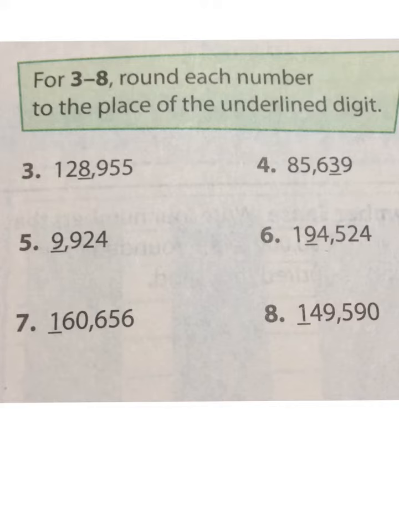Number 3. We are going to round 128,955 to the nearest thousands place because that is the digit that is underlined. Look to your right. Since the digit to the right is a 9, and it is greater than 5, then our underlined digit is going to go up by 1, and our 8 is going to turn into a 9.